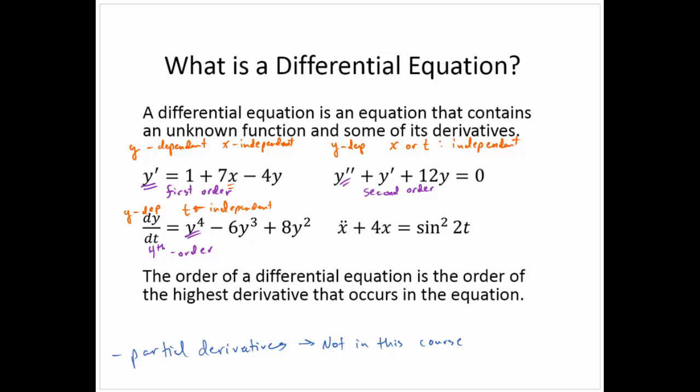And in this last example, we see x double dot plus 4x is equal to sine squared 2t. So this is another notation that's used to represent a derivative. So what this is saying is x is the dependent variable, and t is the independent variable.